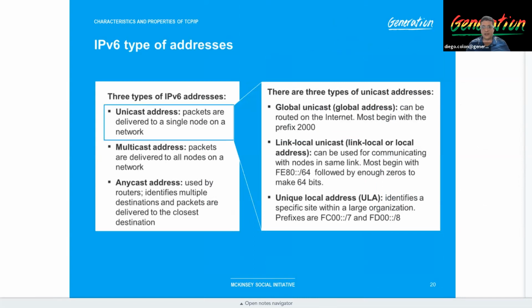Depending, obviously, if it's a FE80, this is usually a link local unicast address. You'll also see your unique local address, which is the FC00 colon with a /7 or a /8. Those are the ones there.